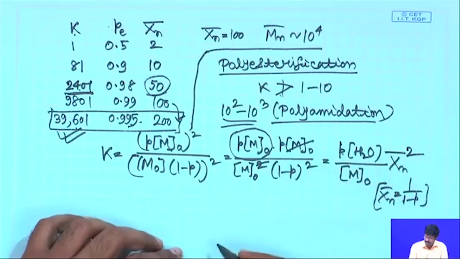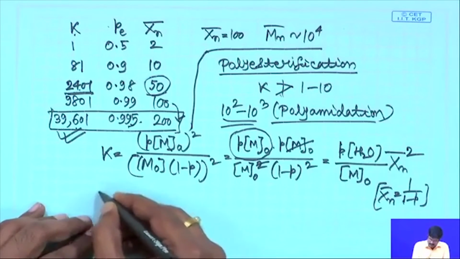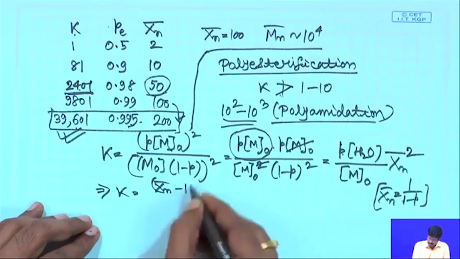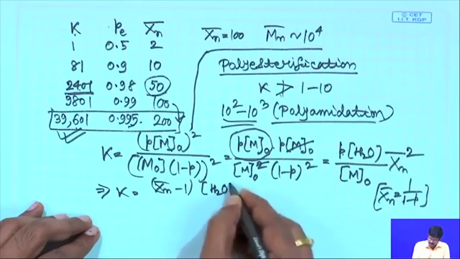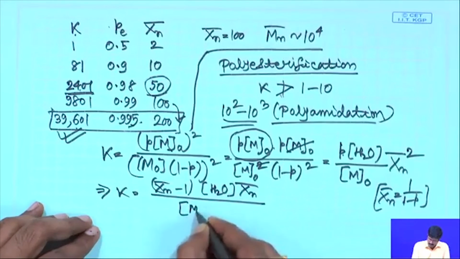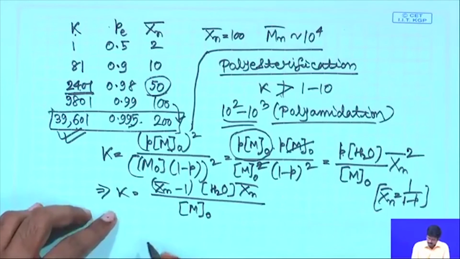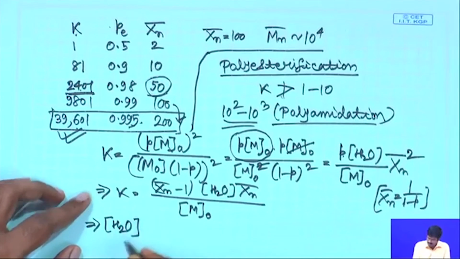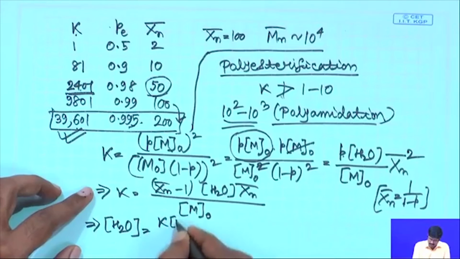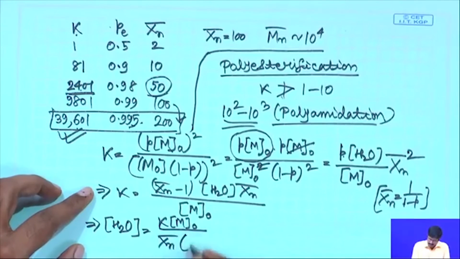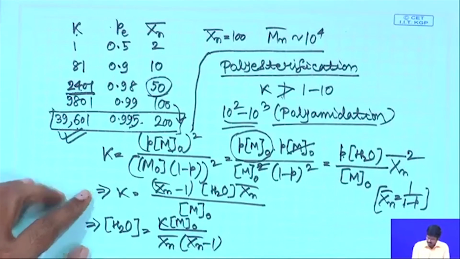So, you replace P with that, and then what you will get is your K will become equal to (Xn bar minus 1) into concentration of water into Xn bar divided by m0. So, ultimately the concentration of water that you will be having at equilibrium is nothing but K into m0 divided by Xn bar into (Xn bar minus 1).